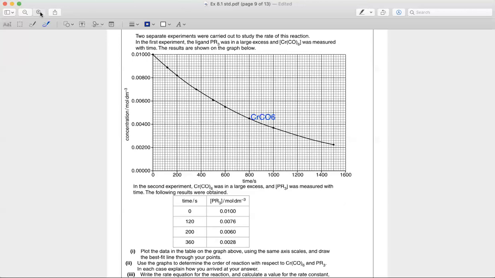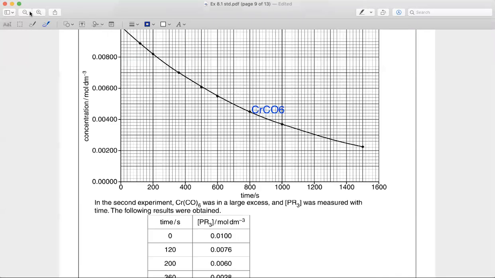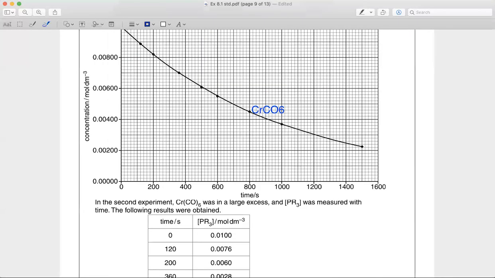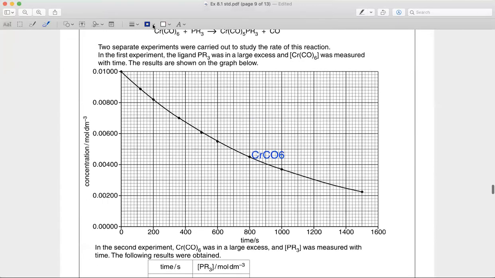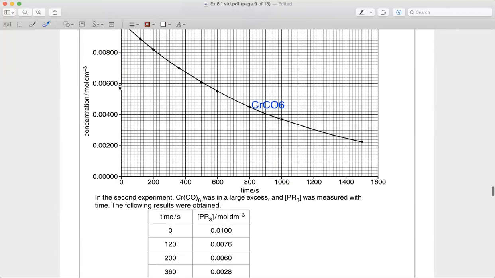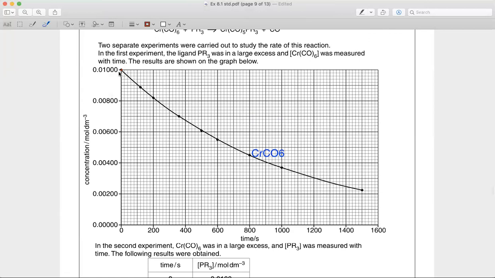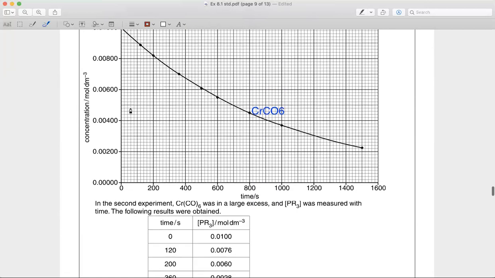Right, let's start plotting. So at 0, I'm going to change my color so you can see it. At 0, it's 0.01. Okay, it's there. 120 is somewhere here. 0.076246.